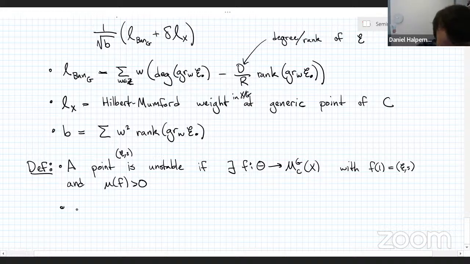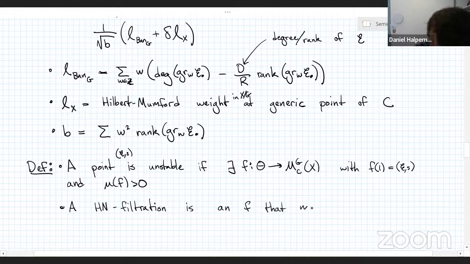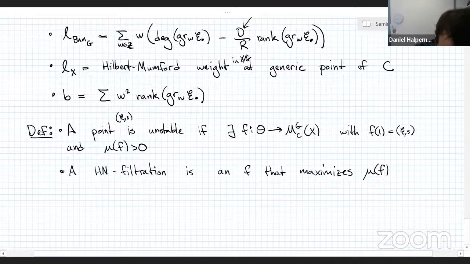And then a Harder-Narasimhan filtration is an f that maximizes mu of f subject to the constraint that f of 1 is this particular point you're looking at.